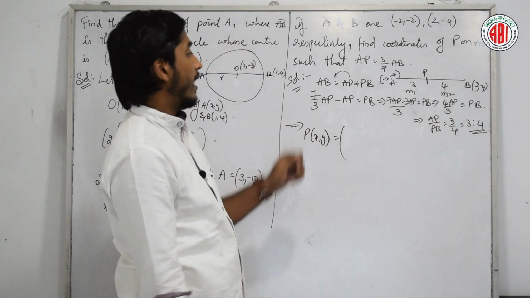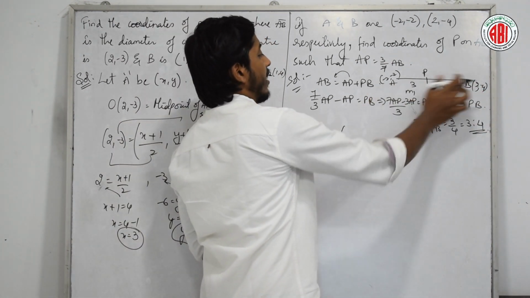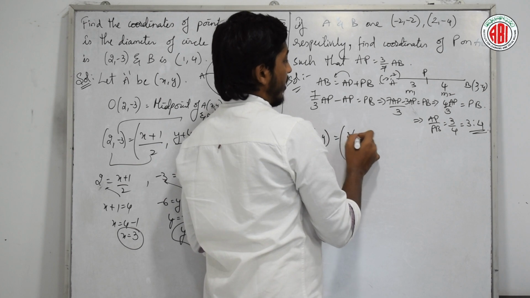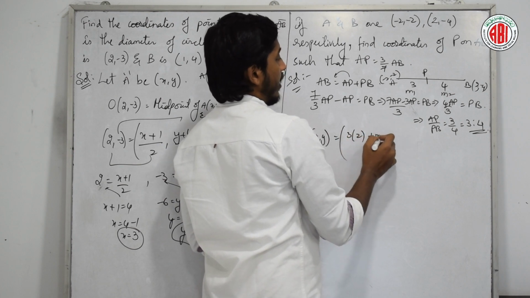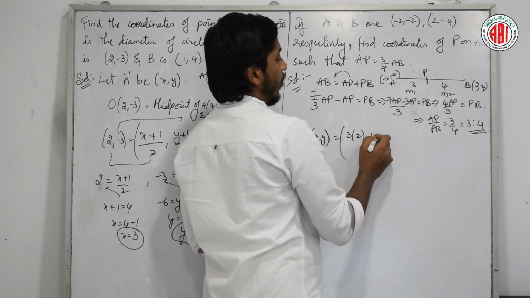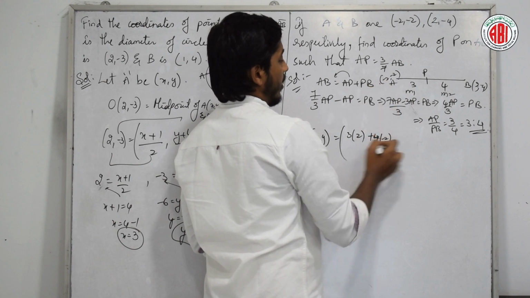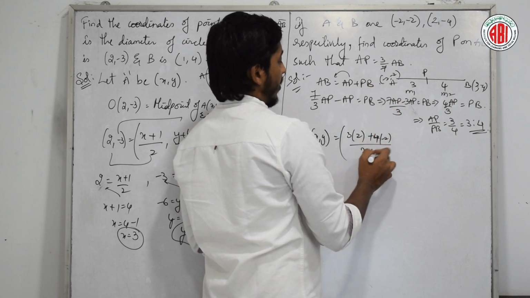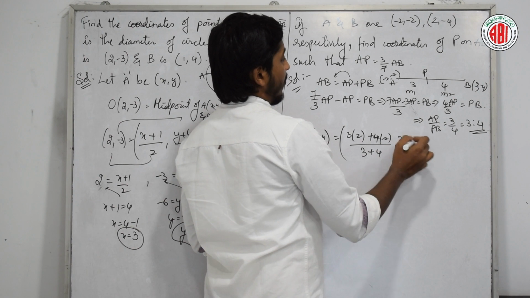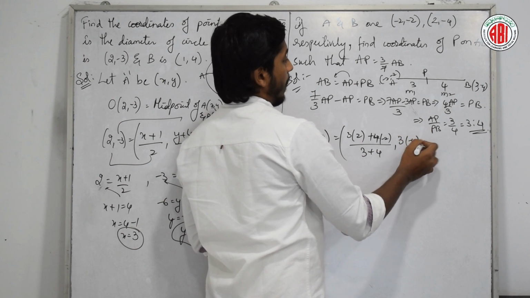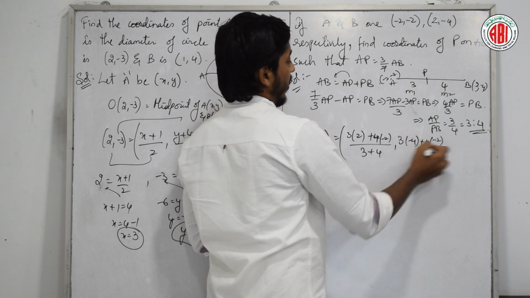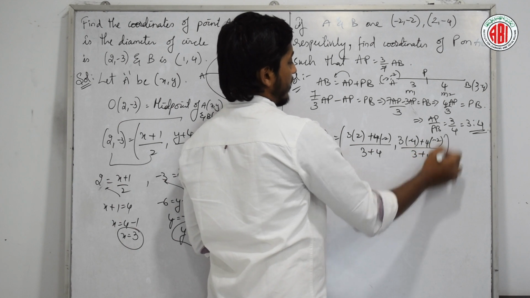Is it okay? Let us substitute it here. m1 x2, that is 3 into 2, plus m2 which is 4 into x1, by m1 plus m2. Next, m1 y2 plus m2 y1 by m1 plus m2.